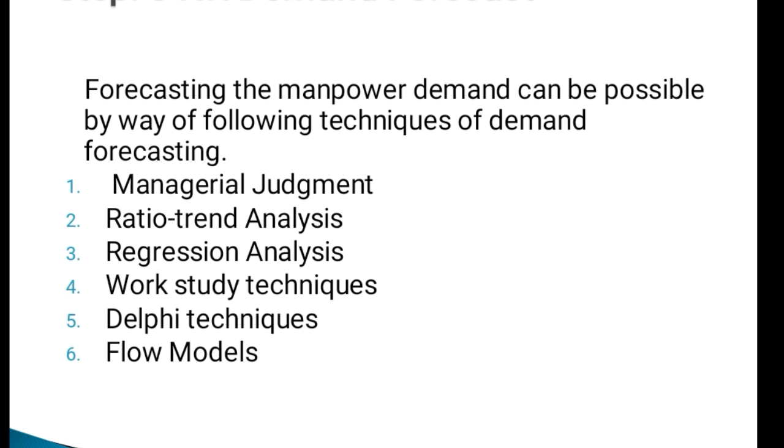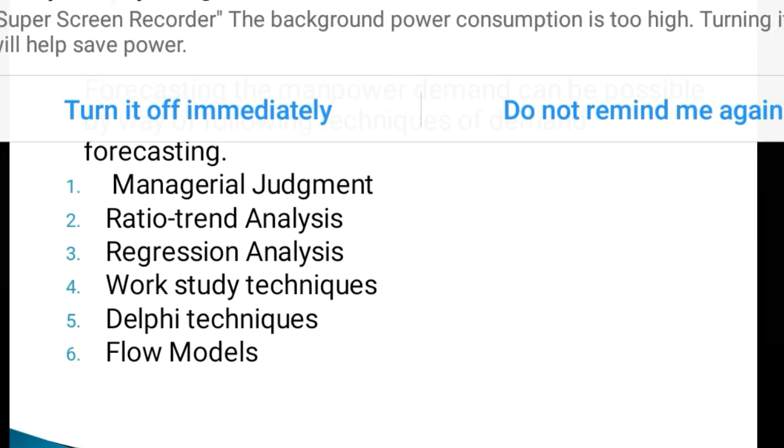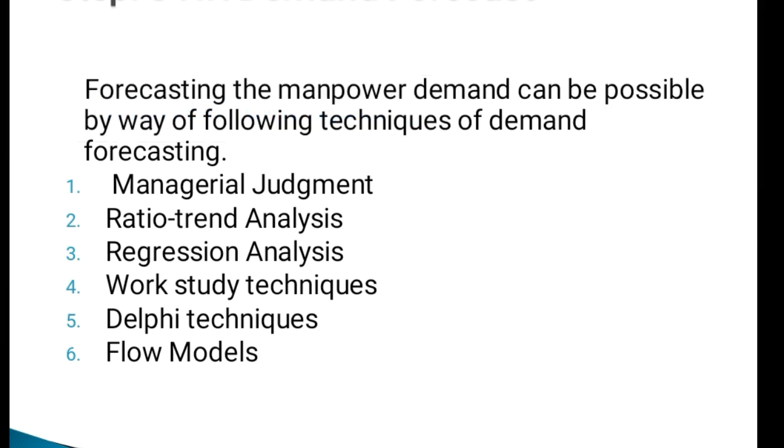Now, for proper demand forecasting, there are certain techniques or methods. Forecasting the manpower demand is possible by way of the following techniques or methods of demand forecasting. Now, there may be a separate question of a short note regarding demand forecasting methods. In that case, students are supposed to write down these 6 methods.